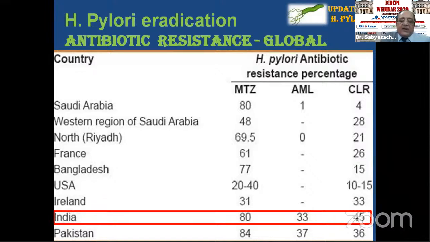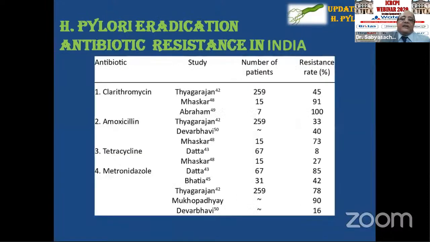India is scoring high with 80% metronidazole resistance, and amoxicillin and clarithromycin the modest ones. Looking at the Indian scenario, again, Thyagarajan is the main player. He has the maximum number of patients studied, and the same sort of figures: 78, 45, and 33.